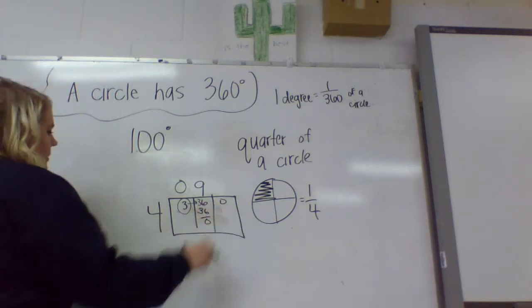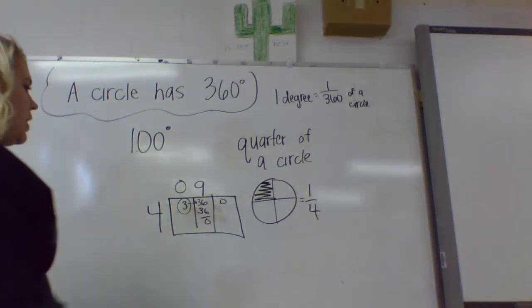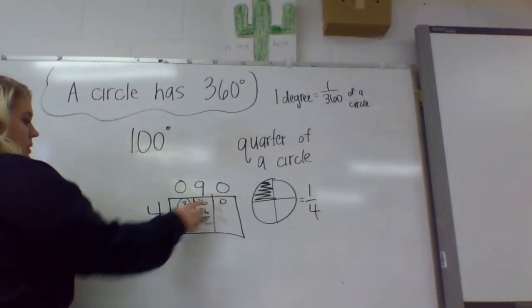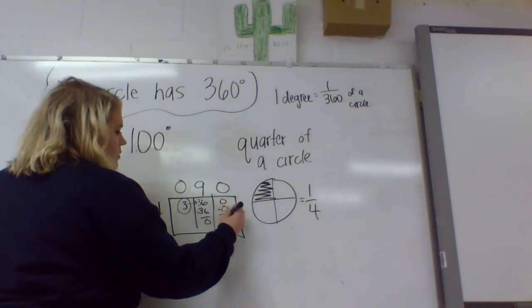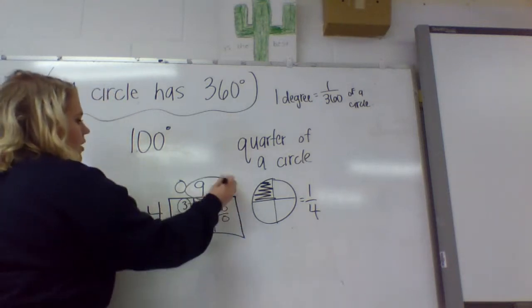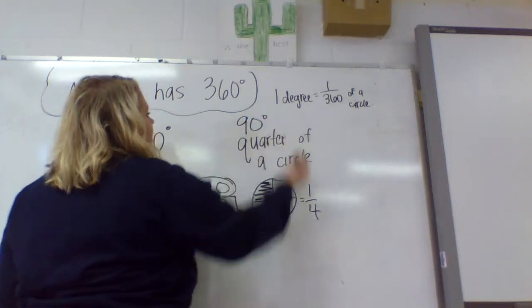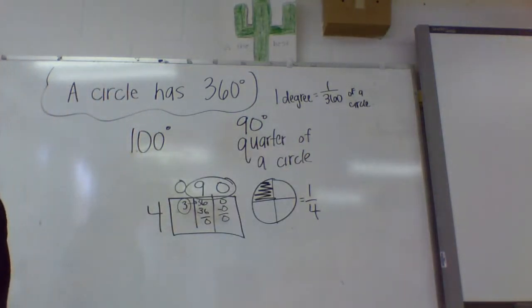That gives me 0. That means I have nothing to bring over. 4 can go into 0 0 times. 0 times 4 is 0. I still have nothing to bring over. So we have figured out that a quarter of a circle is really 90 degrees.